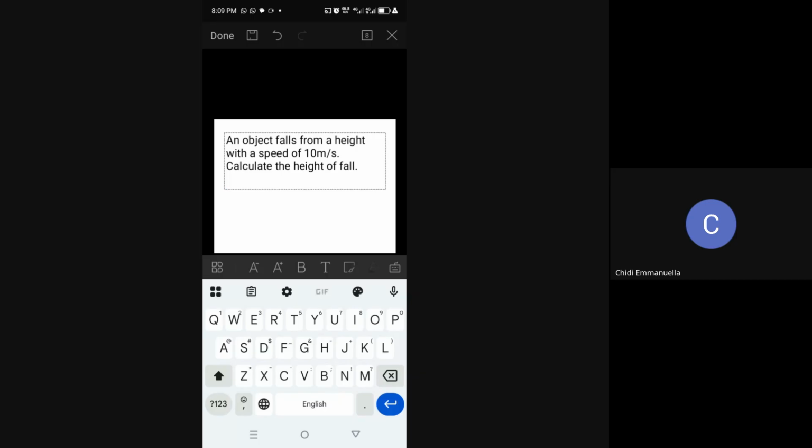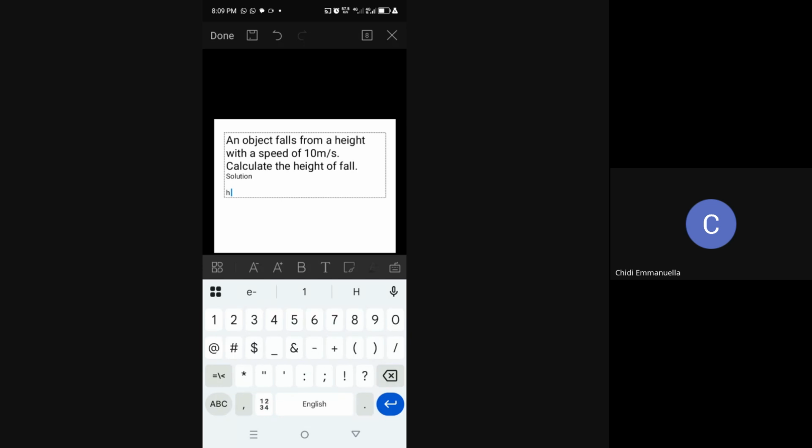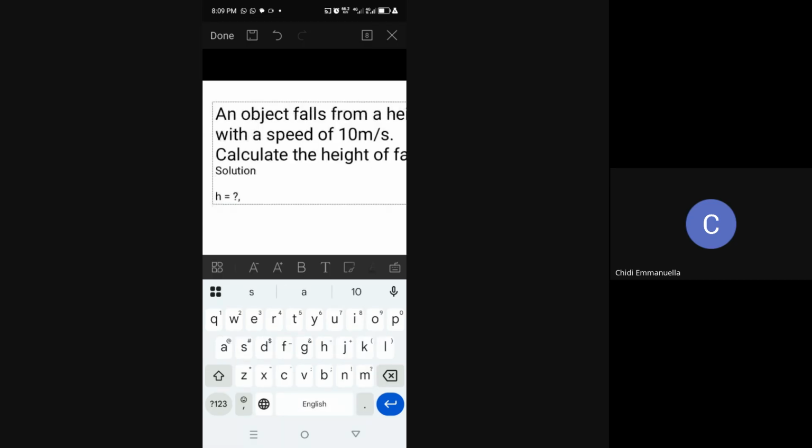Okay, if you look at the question, let's not waste time. Our time is fast spent. The question mentions height, which is unknown, in place of distance, right? Then the question also mentions speed. Is this speed initial or final speed? Who can tell me?